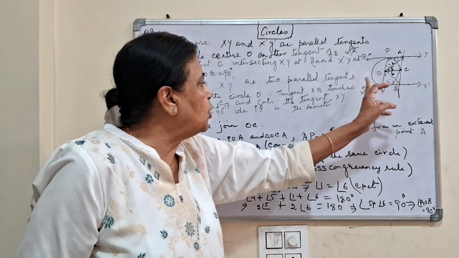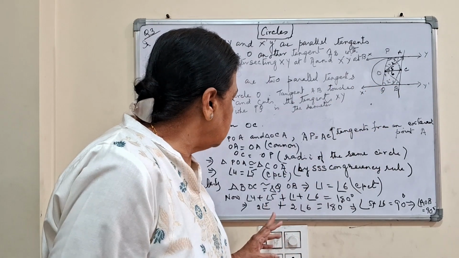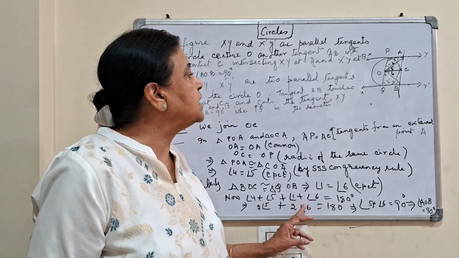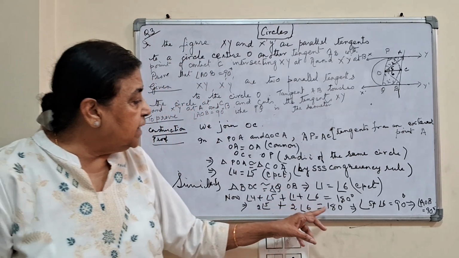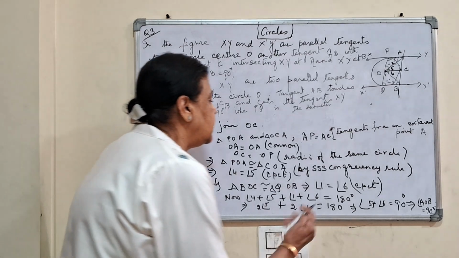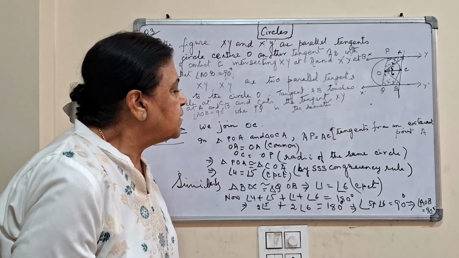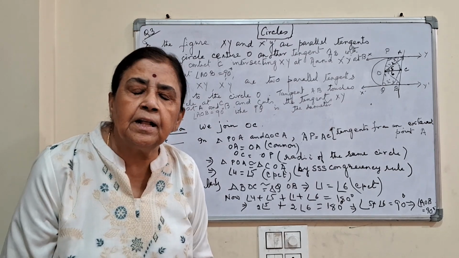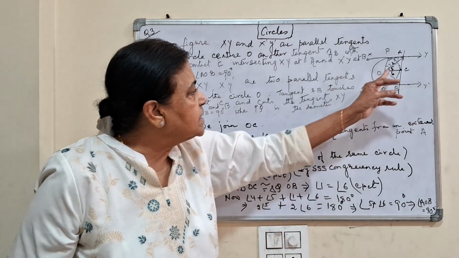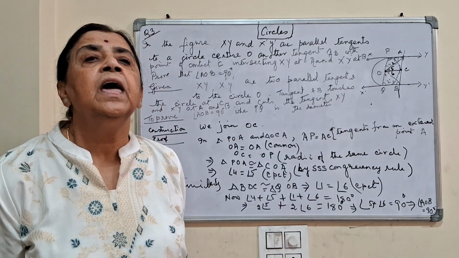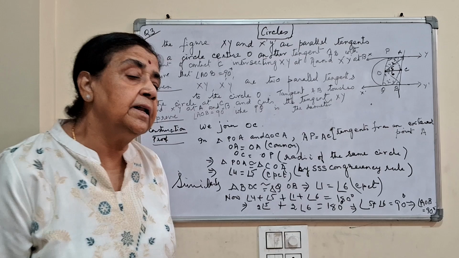Angle 6 is equal to angle 1, then I can write 2 of angle 6. Both sides equal 180 degrees. 2 cancels, then we get angle 5 plus angle 6 is equal to 90 degrees. That is angle AOB is equal to 90 degrees.